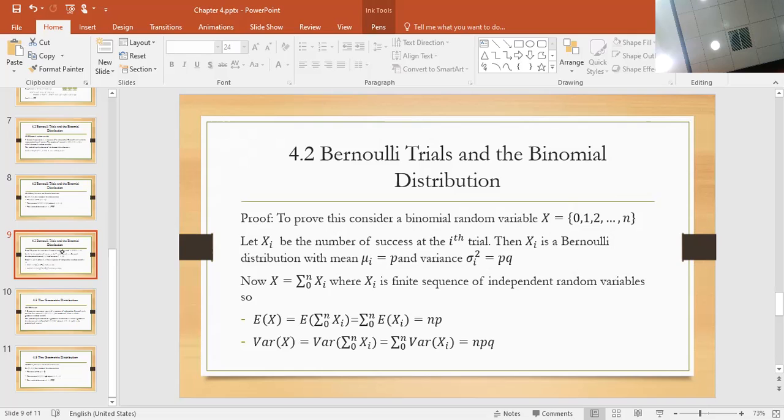To prove this, consider a binomial random variable x equal to 0, 1, 2 up to n. Let xi be the number of successes at the ith trial. So the idea behind this is, on the first trial, you may have 0 or 1.